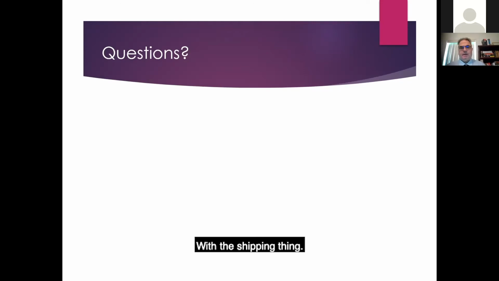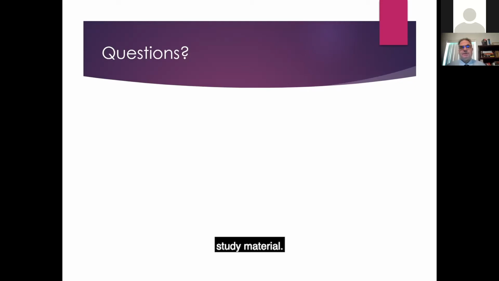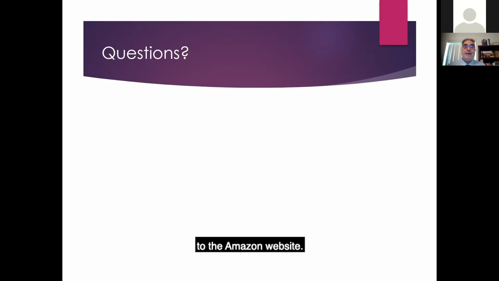With the shipping thing, first thing is, are you expecting something? Because I get a lot of stuff from Amazon, books, study material. If I'm getting some text from Amazon, the first thing I'm going to do is get my computer out and go to the Amazon website. I'm going to look under orders and see, do I have any outstanding orders?